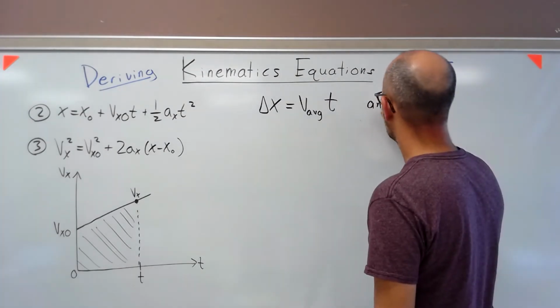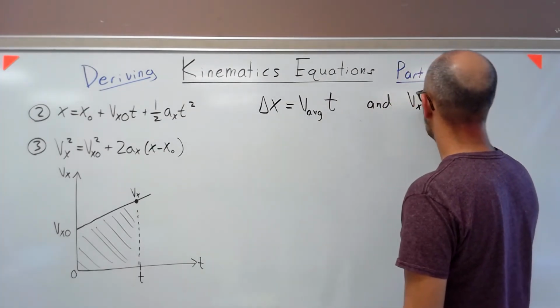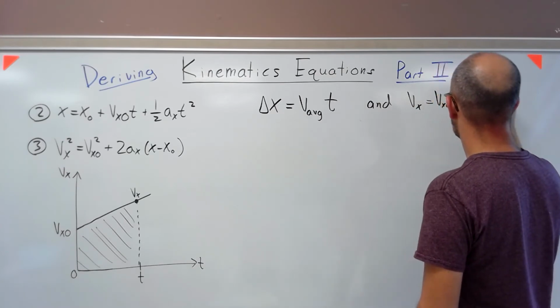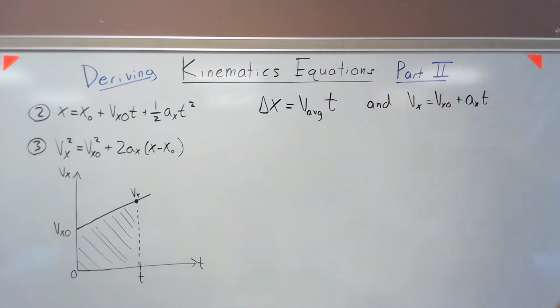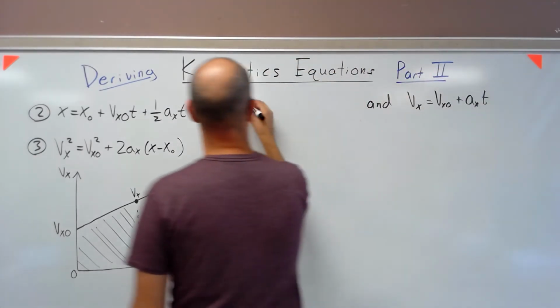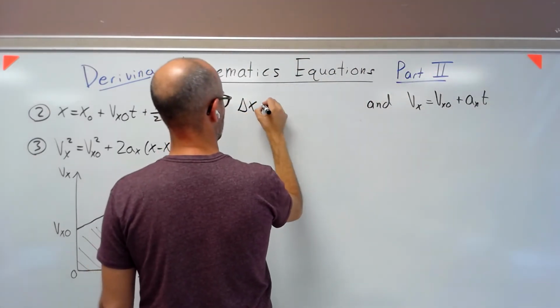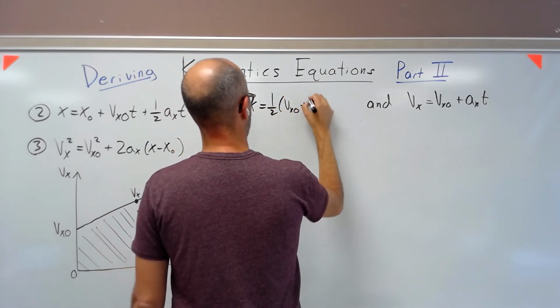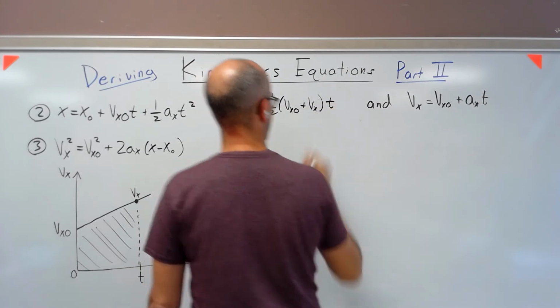And I'm going to take Vx equals Vx naught plus Ax times time and use that equation also. In fact, I'm just going to skip a step and rewrite this displacement equation: delta x equals 1/2 Vx naught plus Vx times time.